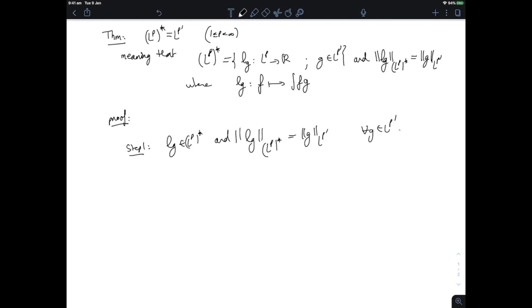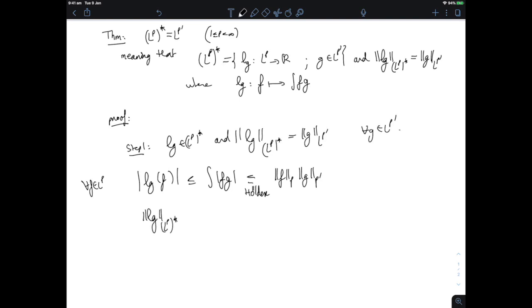So let's see that. Now, first of all, LG of F for any F in LP, what is that? In absolute value, it's certainly smaller, by the triangle inequality, than the integral of the absolute value of FG. And so by Hölder, we know that this is smaller than the LP norm of F times the LP prime norm of G. So you can take a supremum over all F that have LP norm equal to 1, and you get that the norm of LG as an element of the dual is smaller than the norm of G in LP prime.